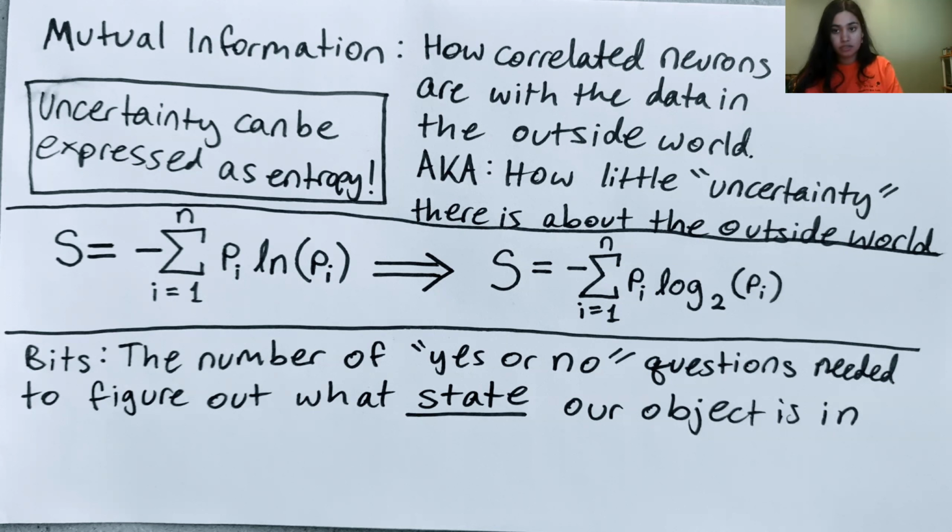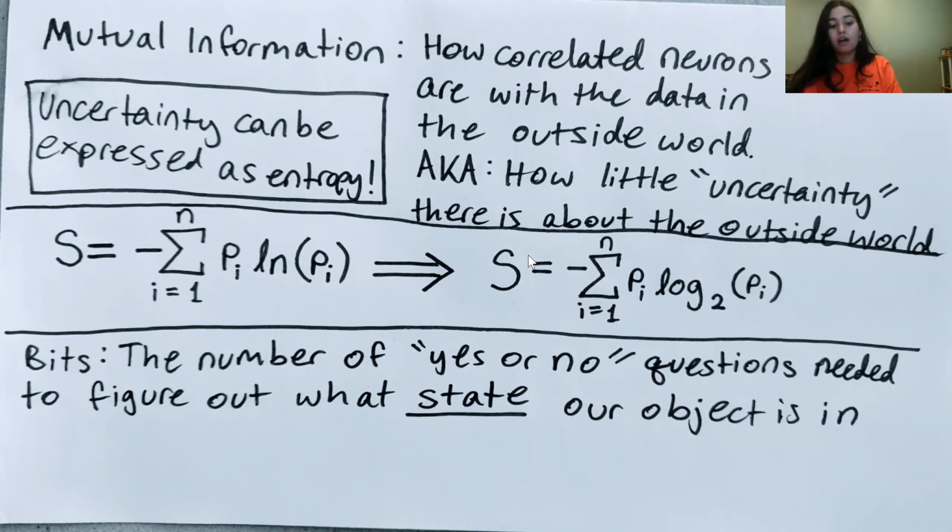But since it's easy to convert logs between bases, we can use base 2 instead of the natural log, and I'll explain why in a moment. So our formula will actually look like this over here.